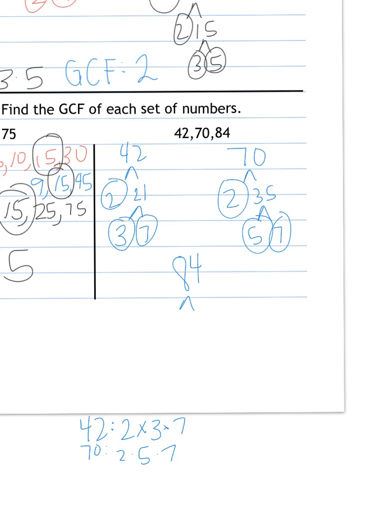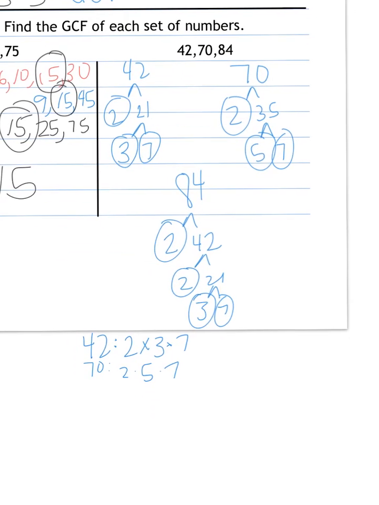Okay, that breaks up into 2 and 42. 2 is prime. 2 and 21. 3 and 7. So for 84, we've got 2 times 2 times 3 times 7.